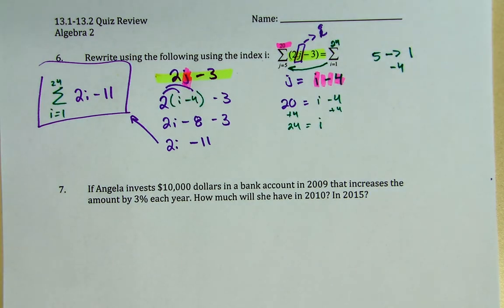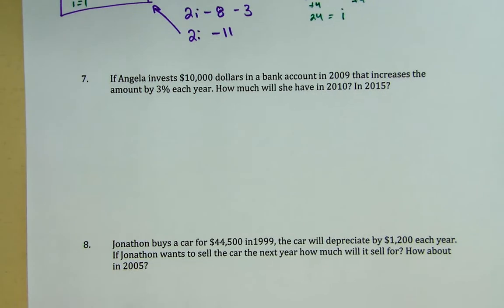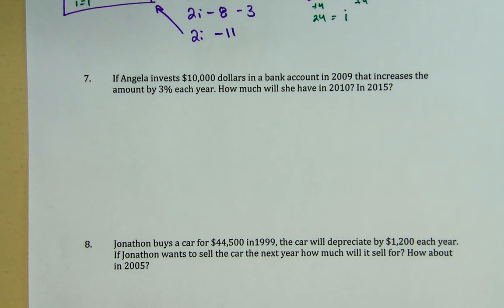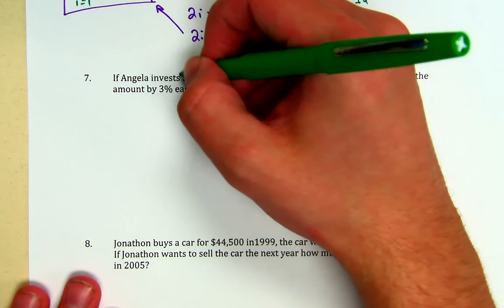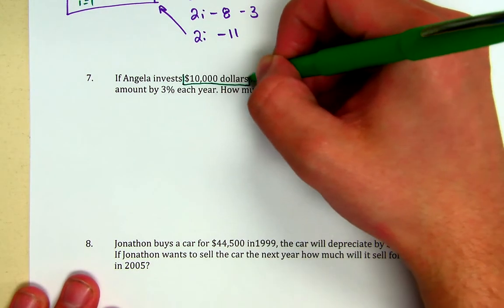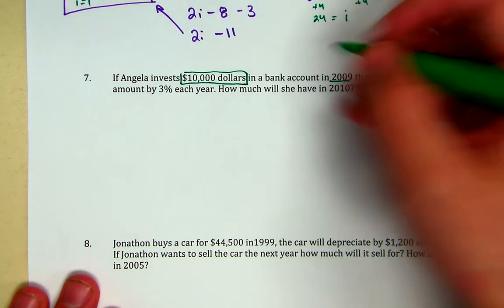Alright, the last two problems here ask us to use our knowledge of sequences to figure out the ending. Remember, when we look at a word problem, we want to see what our starting point is. She invests $10,000 in the bank in 2009.